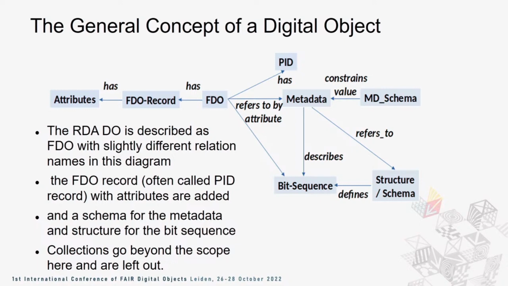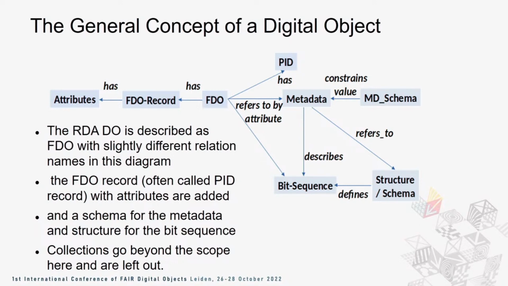And as you can imagine, if you have a couple of attributes, it doesn't matter whether you have 2 or 20, or I wouldn't say trillions, but a huge number of attributes. And those can refer to a couple of metadata descriptions, but also a couple of bit sequences.